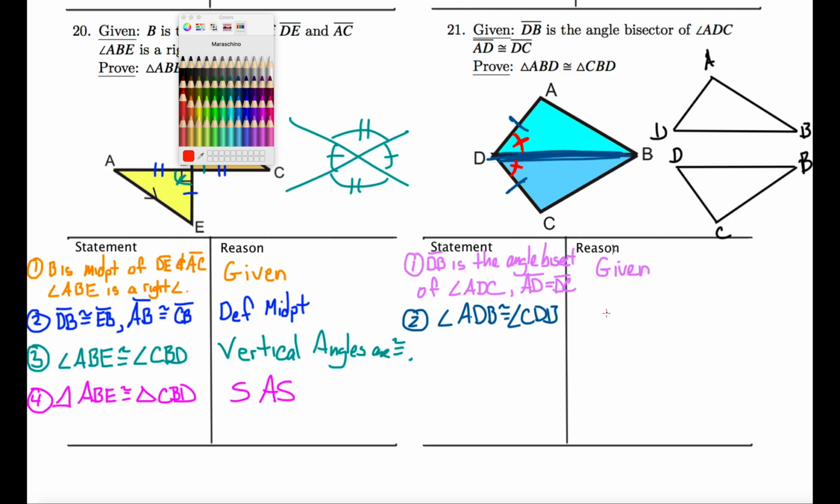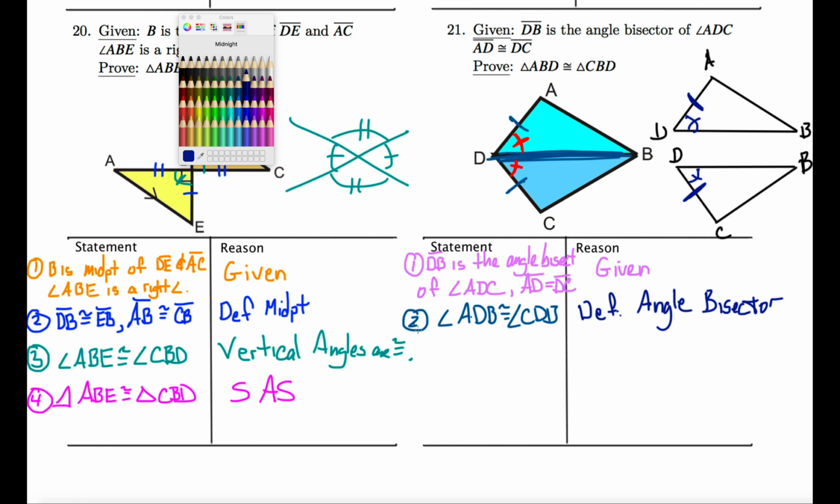So that's definition of angle bisector, right? It's just not picking up all my drawing here. I gotta press harder, I guess. Right? So let's update the drawing here too. So already that one was from given, and then those are congruent. So we have side angle.